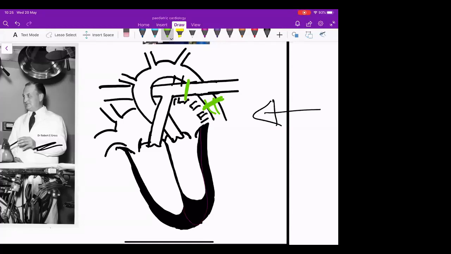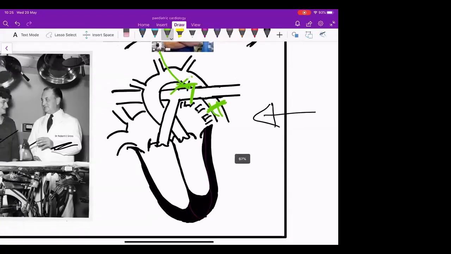Another thing they can do: the left recurrent laryngeal nerve goes underneath the PDA or the ligament that's left and heads up, so they can ligate that, and it can cause a palsy of the left vocal cord. So there are complications. The clip can fall off, they can put it on and it can fall off and be a complete failure. And it can bleed a lot because, like I said, it's like cutting through butter. So it's not straightforward.